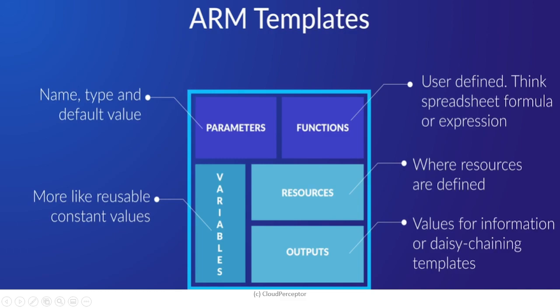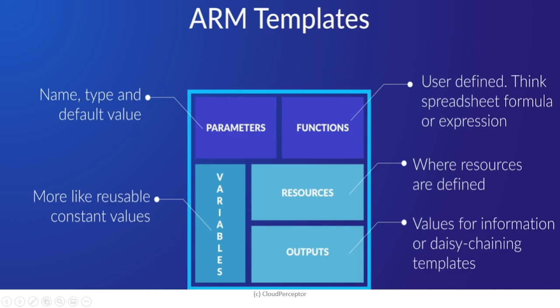These are some of the important attributes for ARM templates: parameters, functions, variables, resources, and outputs. Parameters are like name, type, and default value. Functions are user defined. You can think of a spreadsheet formula or an expression.